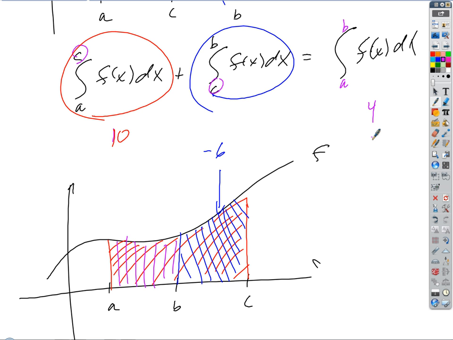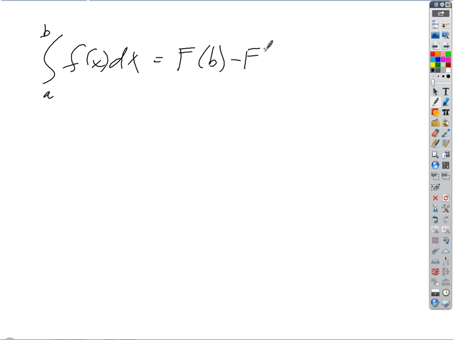The first fundamental theorem is just saying this: we know that the area under the curve f of x from A to B is equal to the antiderivative of little f. That's what the capital F stands for, right? The antiderivative evaluated at B minus the antiderivative evaluated at A.